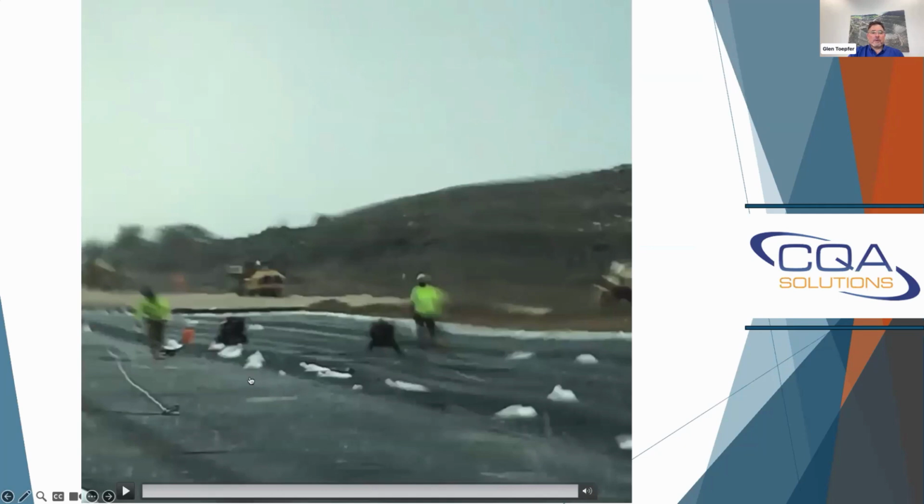An HDPE geomembrane without the conductive backing is conductive, and they're welding in a downpour, something that shouldn't be done. Now that's something that's beyond the installer or the manufacturer's control, but there are actually installation guidance documents from the manufacturer that don't address weather.